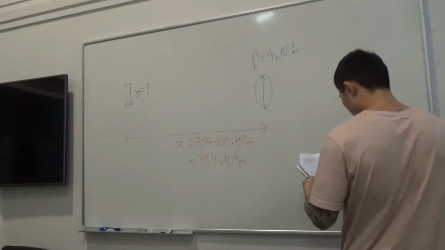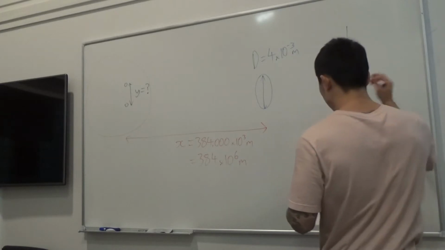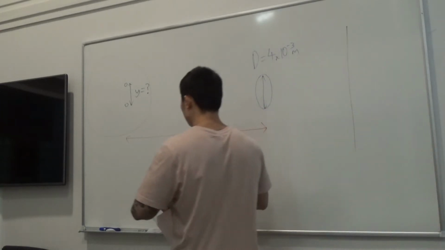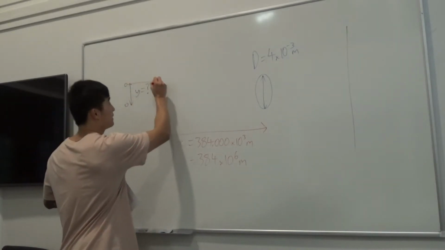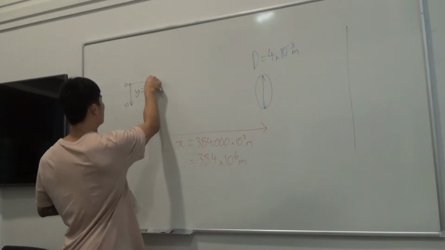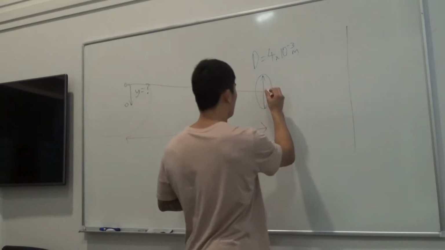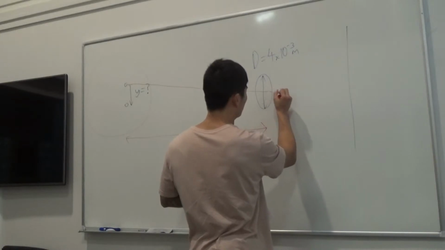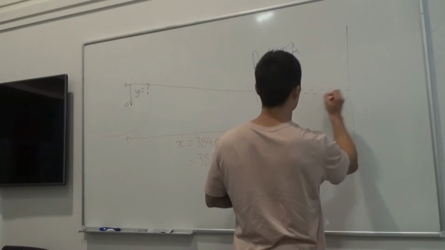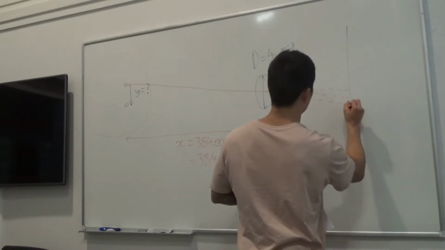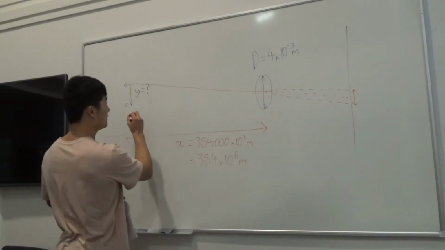And you're going to have your screen at the back here, so that's a retina. Okay, so when the light goes through her aperture, it's going to diffract. So it's going to spread out like this.